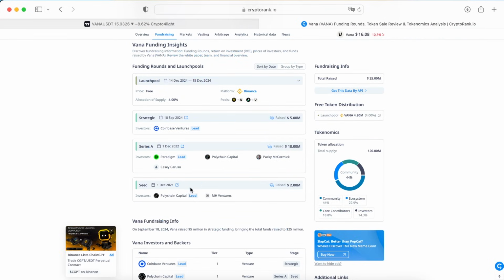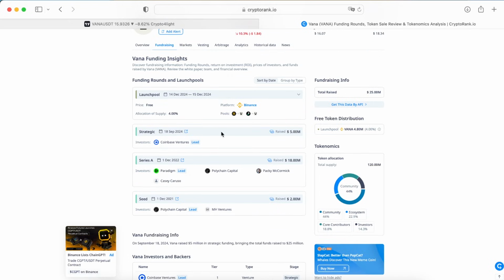So take a look at the fundraising rounds in 2021, guys. Publishing Capital and MH Ventures raised $2 million on the seed round and invested into that project. So definitely they got an allocation, and it's hard to say what the price was for that token. Now the price is $15.93 at this moment. In 2022, almost 3 years ago, guys, Paradigm, Polychain, Becky McCormick and Sy Caruso invested and raised 18 million.